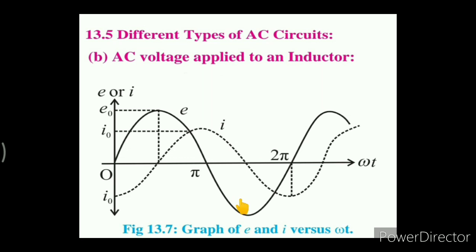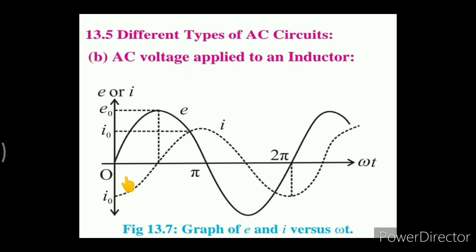So here we find that the current I lags behind the alternating voltage EMF E by a phase angle of pi by 2 radians or 90 degrees.